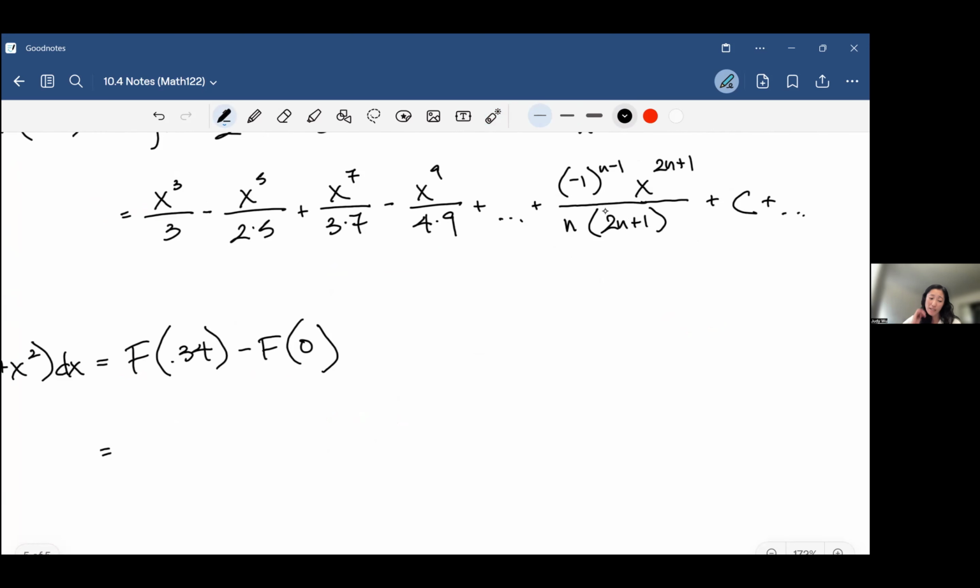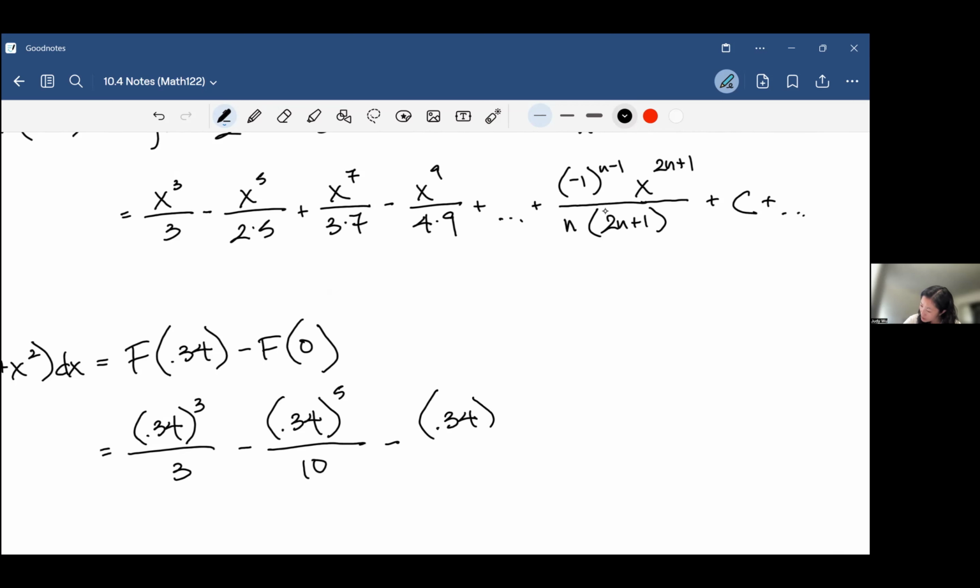Okay? So remember to write it out. Don't type it all into the calculator. 0.34 to the third over 3 minus 0.34 to the fifth over 10 plus 0.34 to the seventh over 21 minus 0.34 to the ninth over 36.